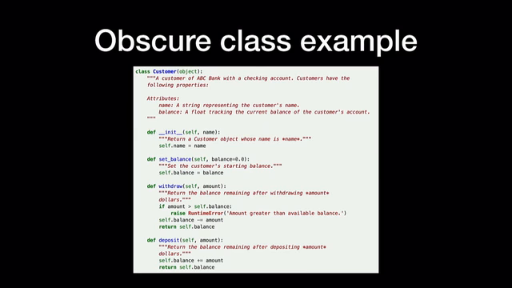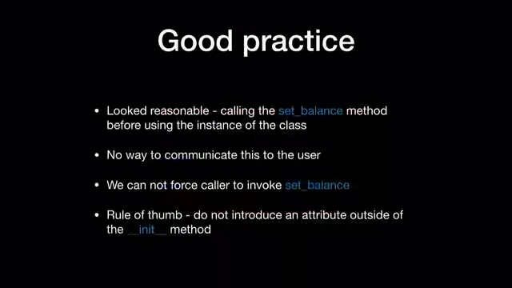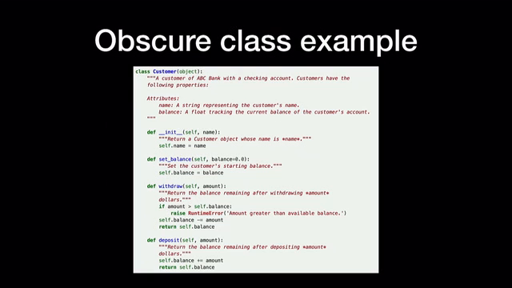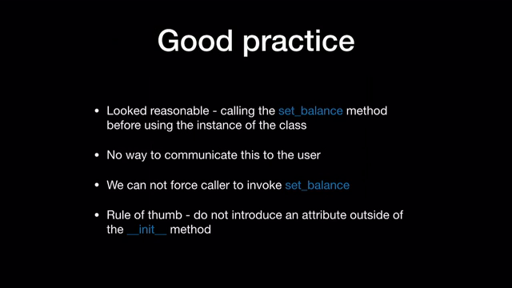Now, there's nothing necessarily wrong with the way we've defined the class now. The only issue is that, A, there's no way to communicate to the user that there is a balance attribute inside of this class, that we can access something called balance, and B, we cannot force the person using this class to call the setBalance function.